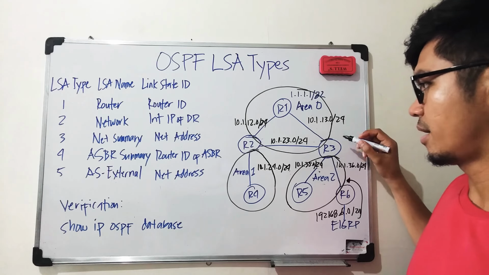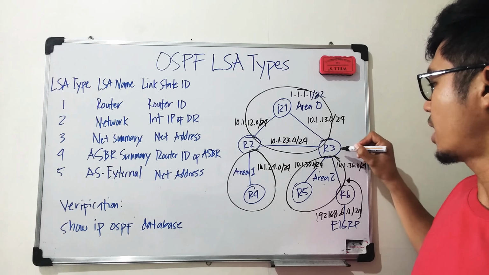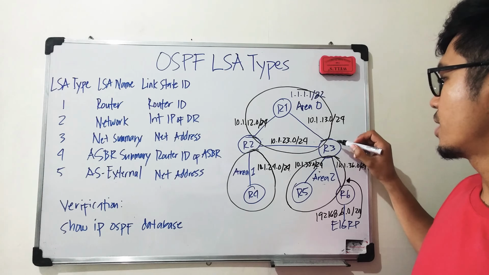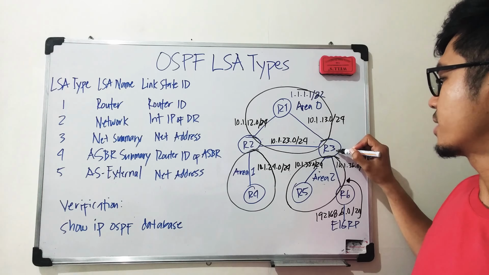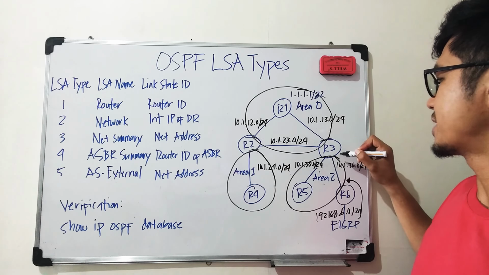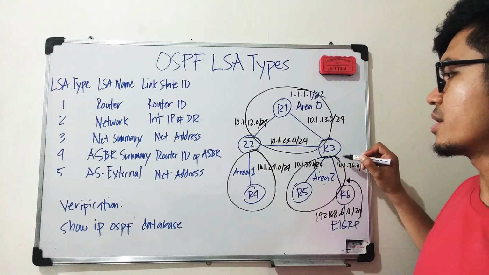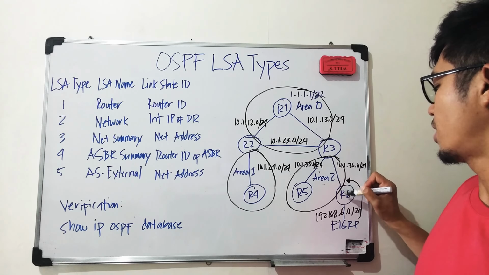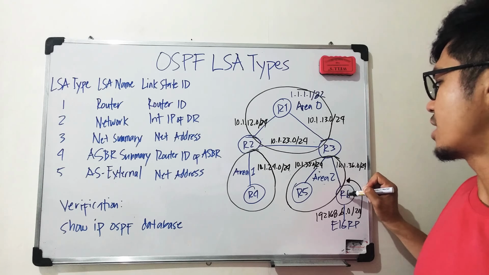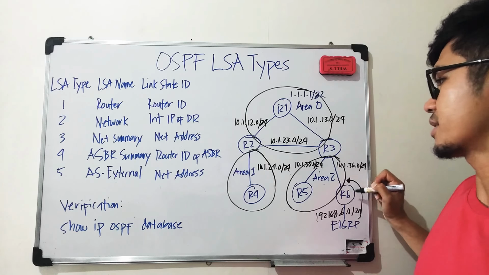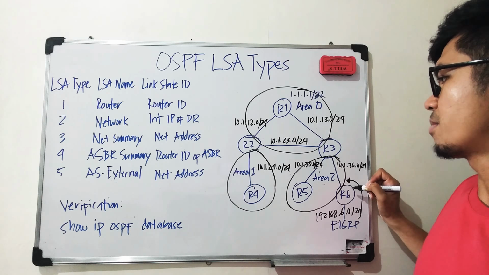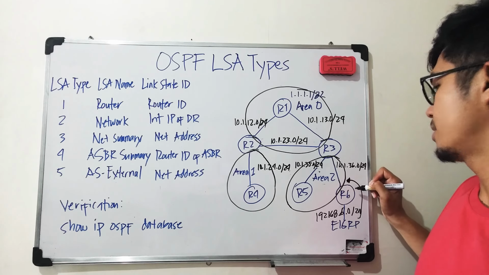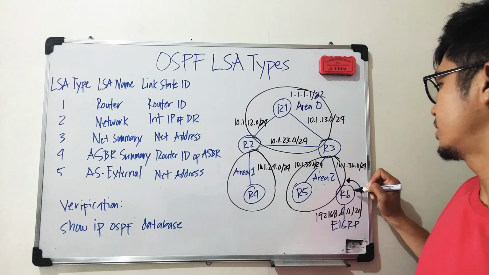So in this case, for example, R3, this is the ABR that will advertise or describe the IP address of this ASBR router here, which is R6, Autonomous System Boundary Router, ASBR.